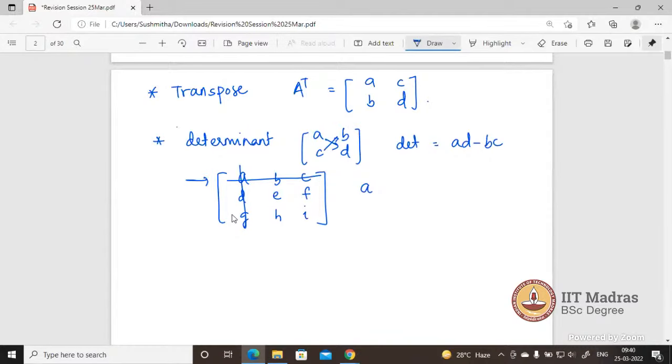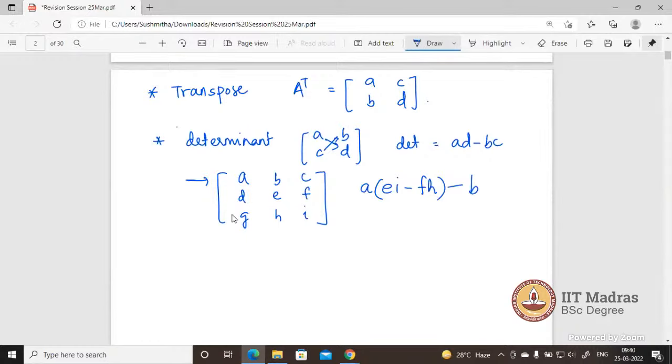Okay, so you take the first entry of the matrix and then you remove the corresponding row and column. Whatever is left out, the 2 cross 2 portion, you just find the determinant of that part. So EI minus FH. Yes. And then minus, the signs alternate.